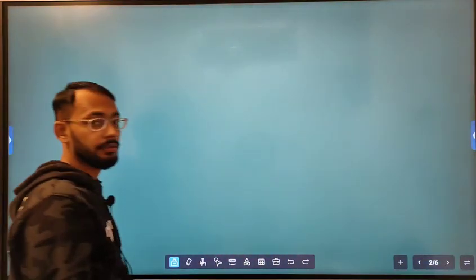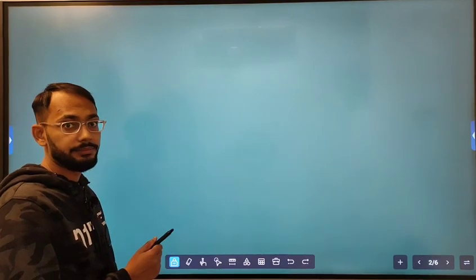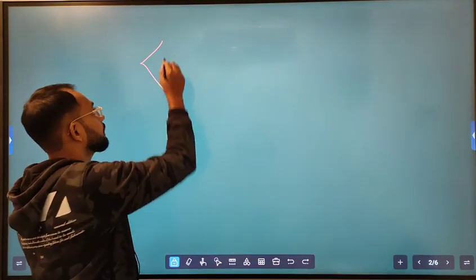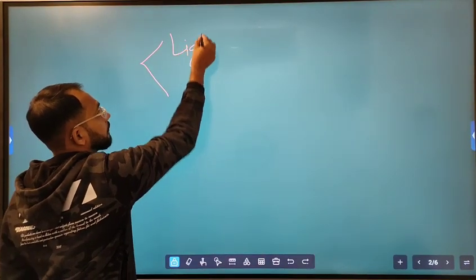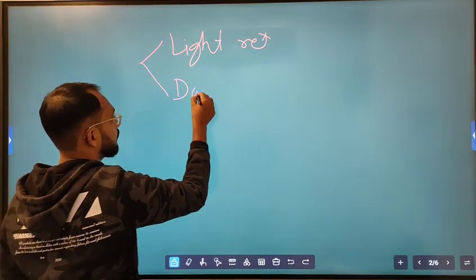So first we need to understand that in the photosynthesis, primarily there are two phases, and that is light reaction and dark reaction.